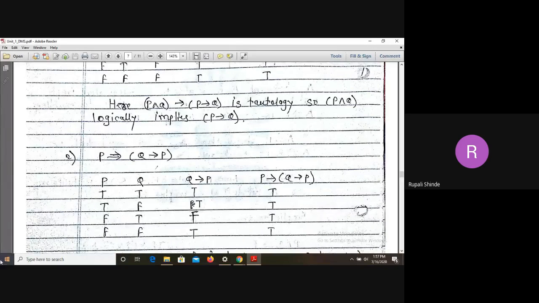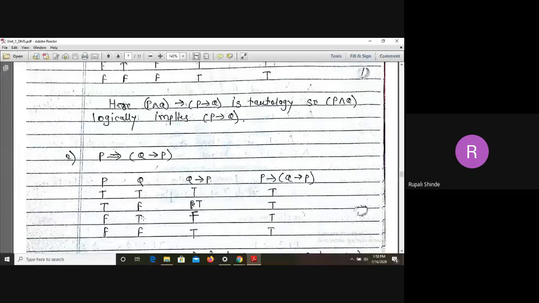Now we have to take the conditional between variables Q and P. First we check the column for variable Q, then for P. Now check whether T F is there. Q's first value is T. Now check whether P has value F. No, that's why it gives you T. Now again check for Q where T is there.